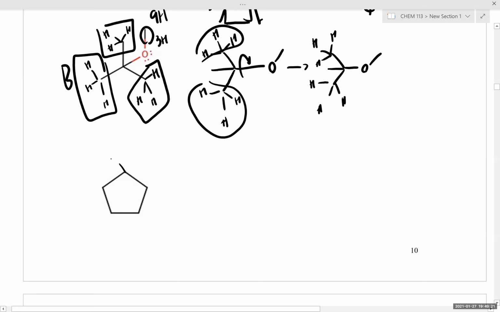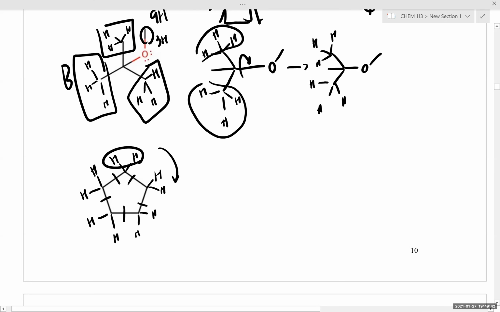Okay, let's think about it. So we have all of these methylene groups, right? Is there any difference between these methylene groups? Anything that we can distinguish? If we rotate this molecule, will the methylene group that we end up with be exactly the same? Yes.